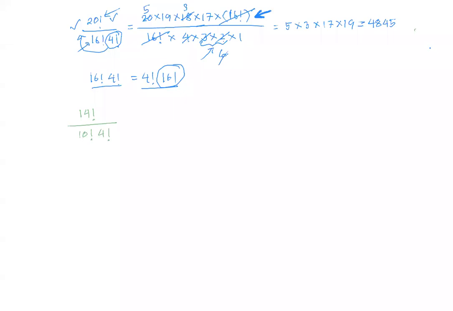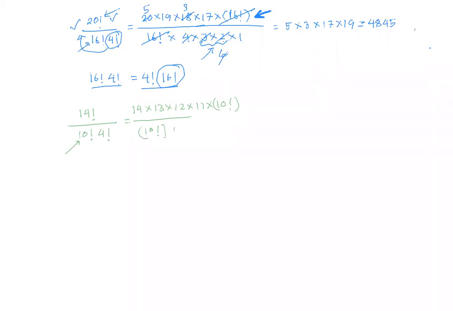All right, so let's go ahead and simplify it. 14 factorial, we are going to go down to 10 factorial because the biggest number in the denominator is 10. So it's going to be 14 times 13 times 12 times 11 times 10 factorial divided by 10 factorial times 4 factorial.